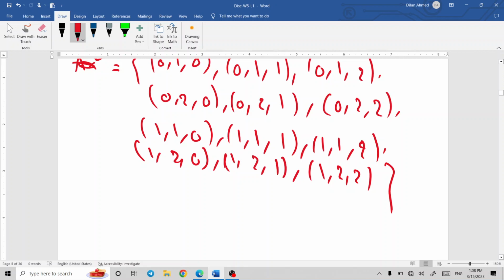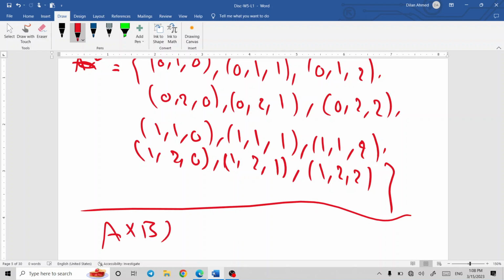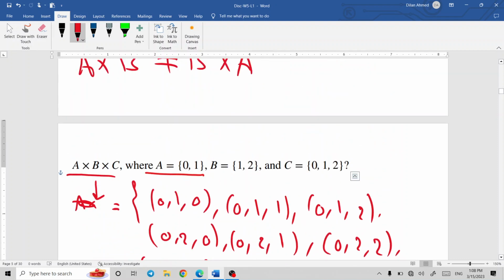You know what's the difference between saying and writing? Saying something, everyone knows, but when you are trying to write, it's not like that. Look here, we have A cross B at the beginning, right? So A cross B is equal to what, if you remember? The set was 0 and 2.